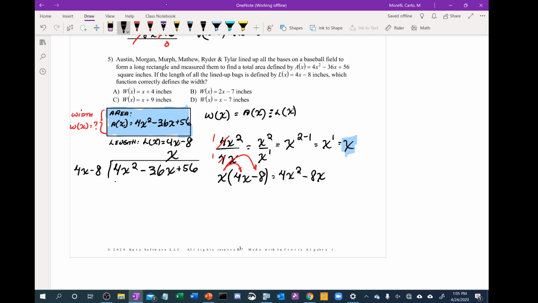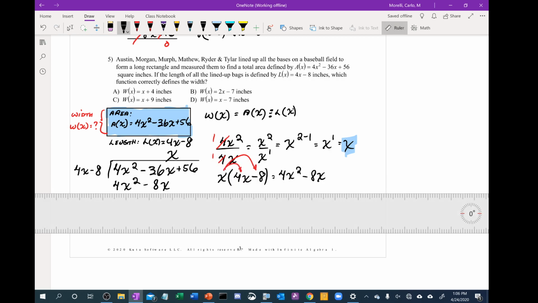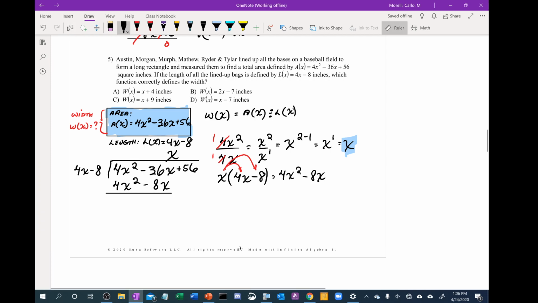This term gets written under its matching component in the dividend, 4x squared minus 8x. And then we draw a line, and we change both signs. These first terms always cancel. And now negative 36 plus 8 is negative 28x.